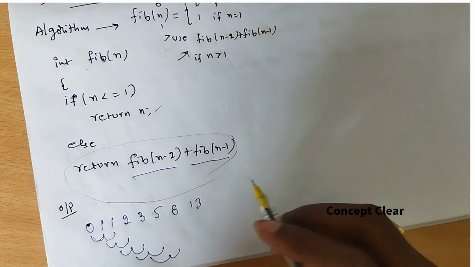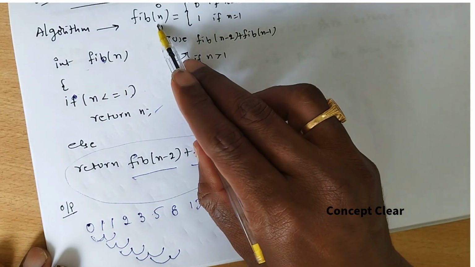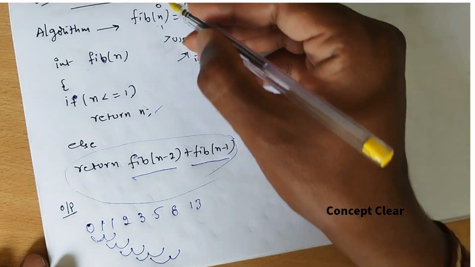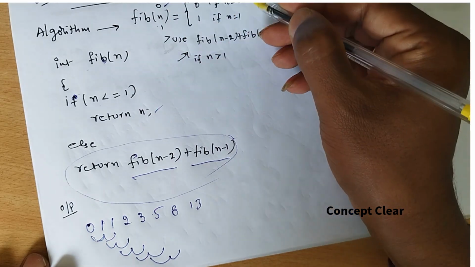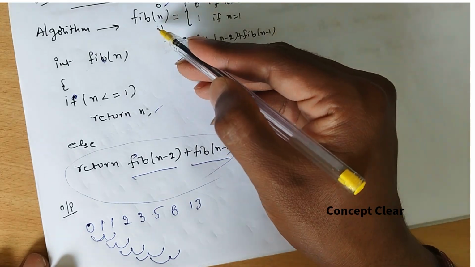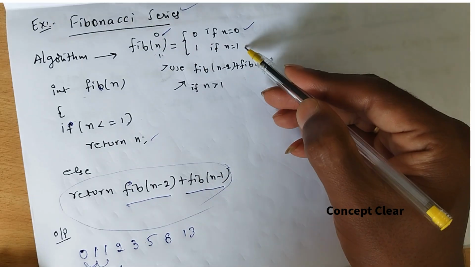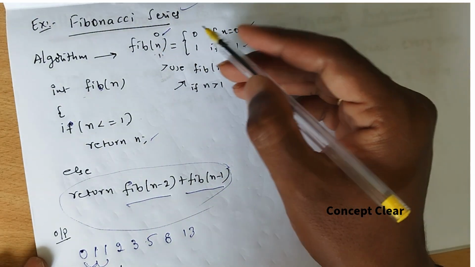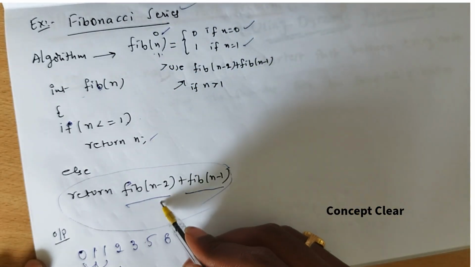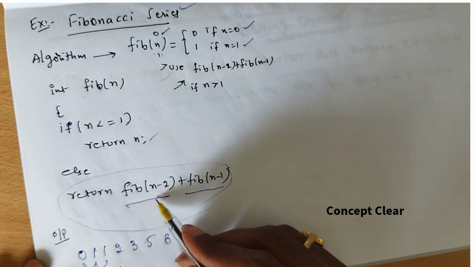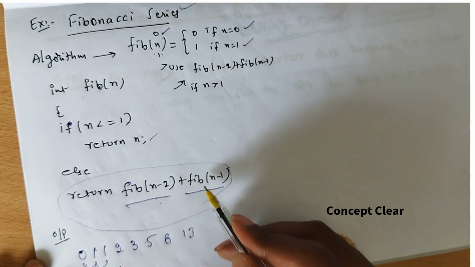What is the logic here? The logic is very simple. Fib of n: if n is 0, then return 0. If n equals 1, then return 1. Other than these two, we implement this logic: fib of n minus 2 plus fib of n minus 1.